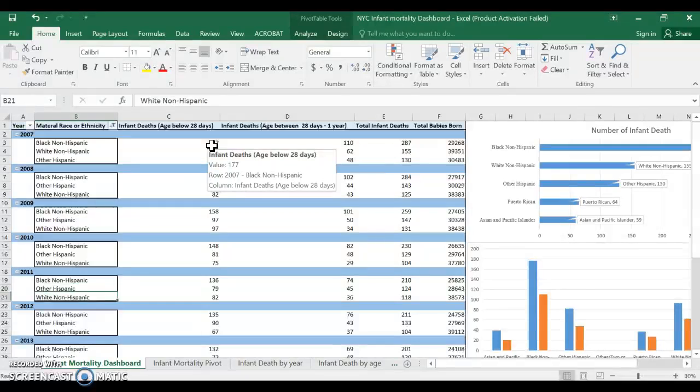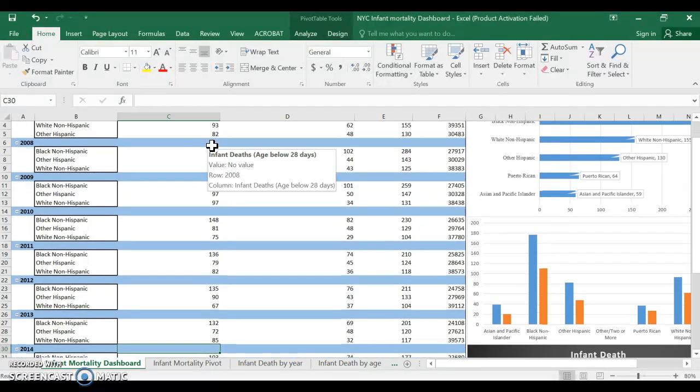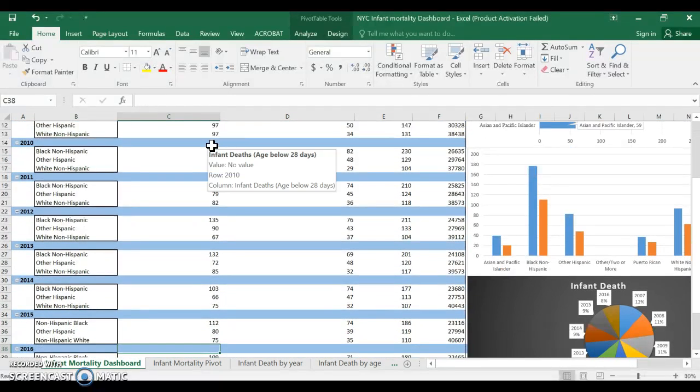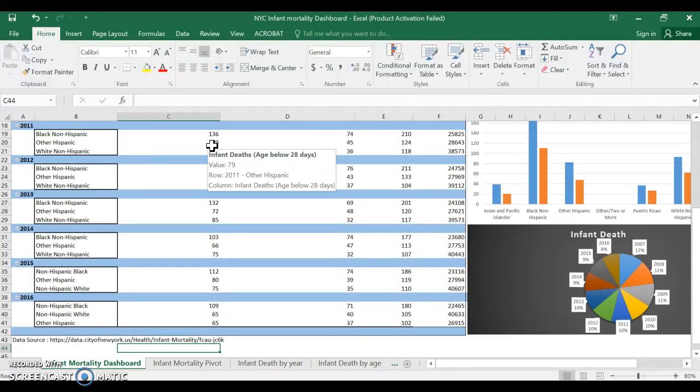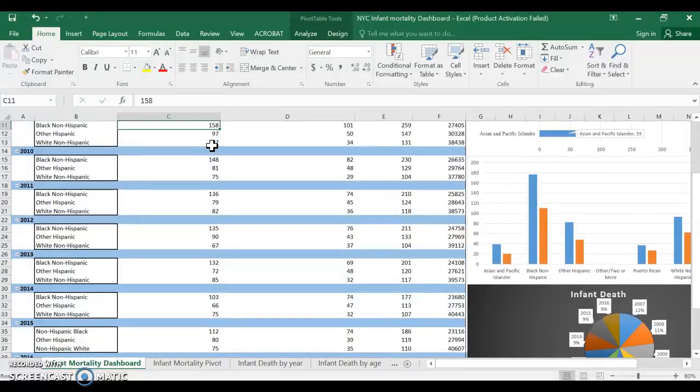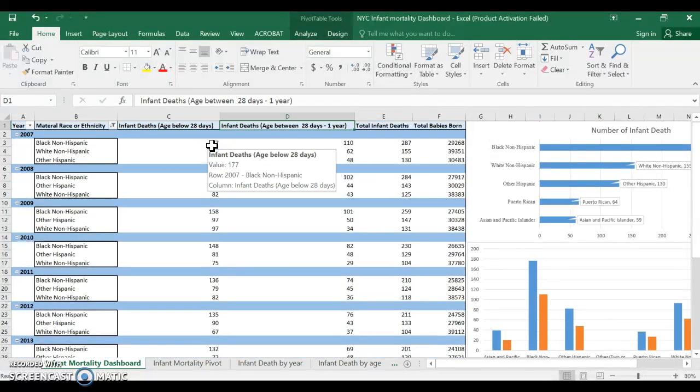So it's basically a summary of the entire database that we retrieved from nys.data.gov.